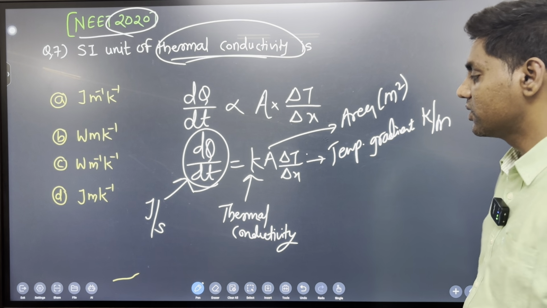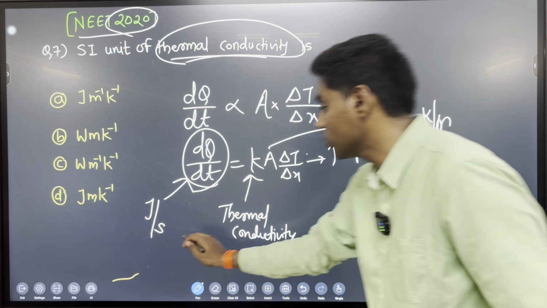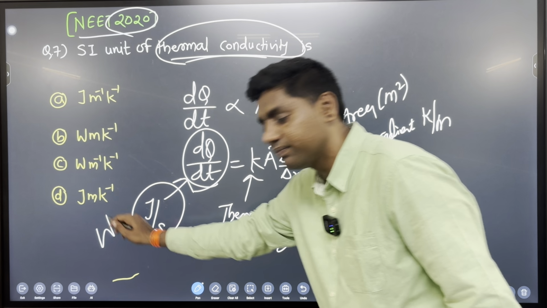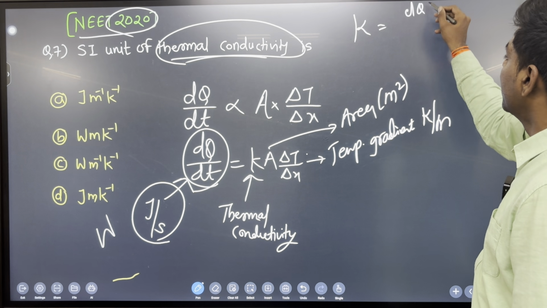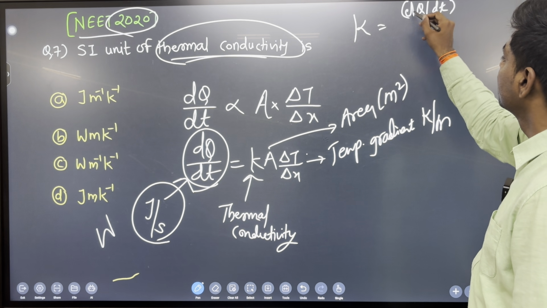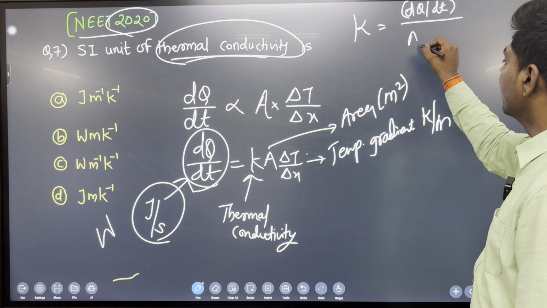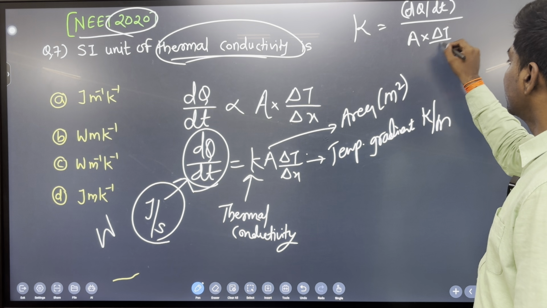So according to that, what do we get? Very simple, and most importantly, joule per second means watt. So from here we have to make the formula: k equals dQ by dt divided by A into delta T divided by delta x.